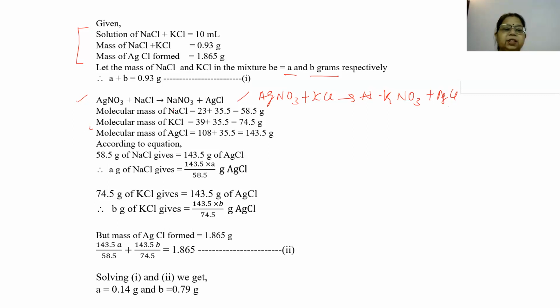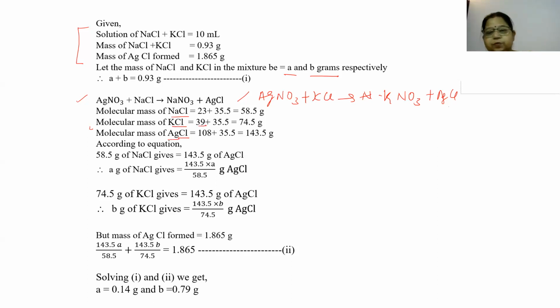Then in the next step, we will calculate the molecular masses of sodium chloride, potassium chloride, and silver chloride. You have to remember that the atomic mass of sodium is 23. I believe by this time you must have remembered this one. Potassium is 39.